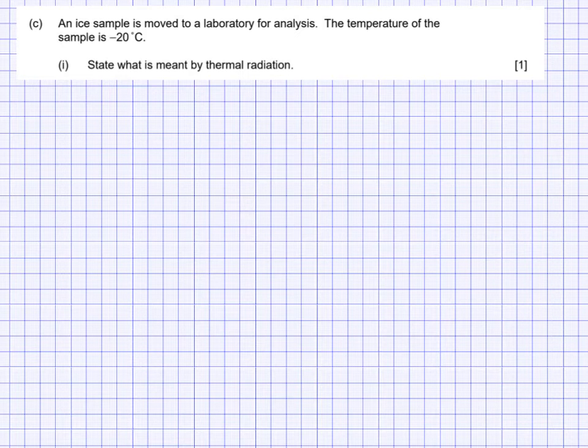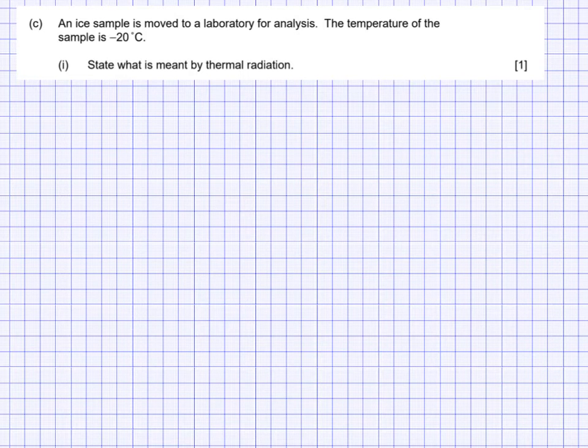What is actually meant when we say thermal radiation? You'll remember from thermal physics we talked about what temperature is, what heat is. In this case, the key to look out for is this word thermal, and then that word there, radiation. So hopefully this is just a knowledge piece that you have.